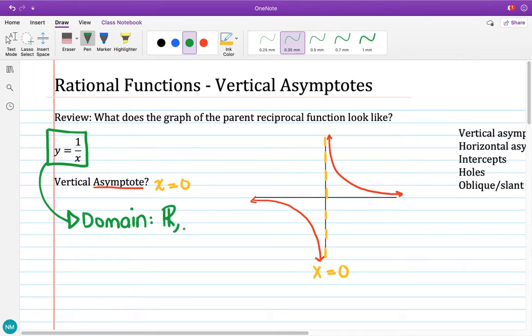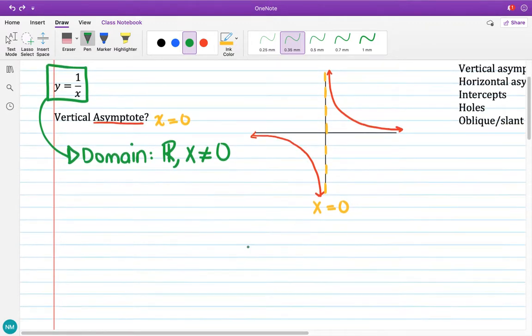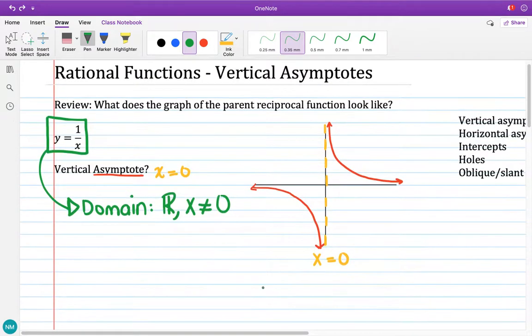All real numbers work for this, but x cannot equal 0 because if x equals 0, then the entire function is undefined. Therefore, there is a vertical asymptote at that value. So that is how we are going to be looking at vertical asymptotes. Vertical asymptotes, I would argue, besides the y-intercept, is the easiest portion of rational functions.